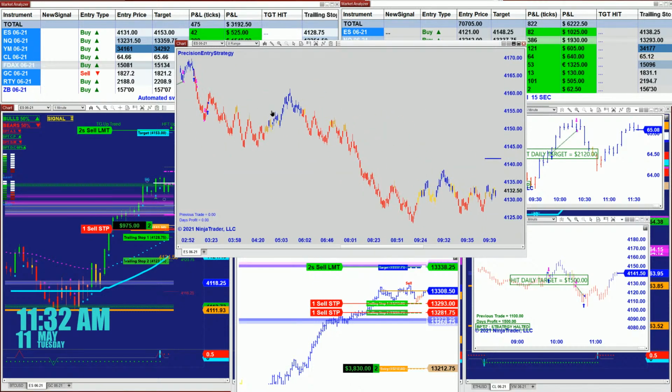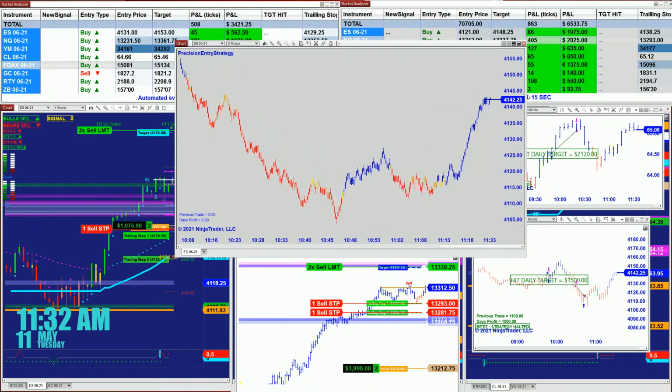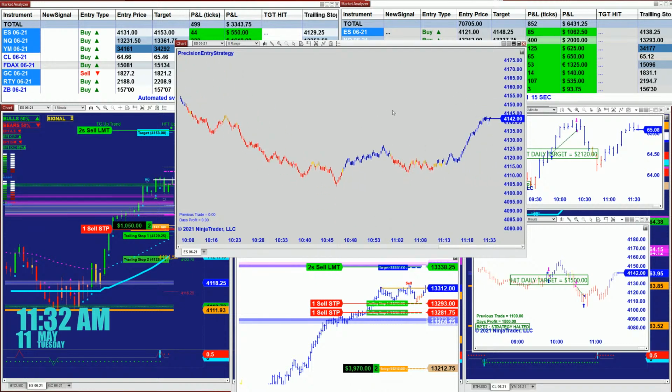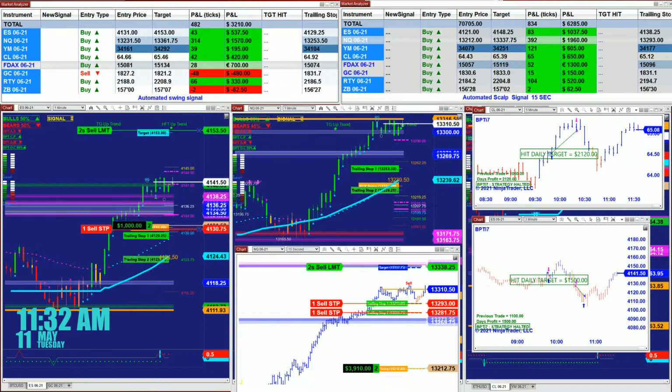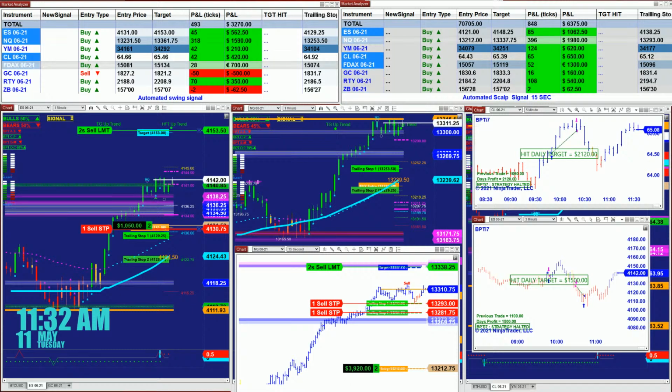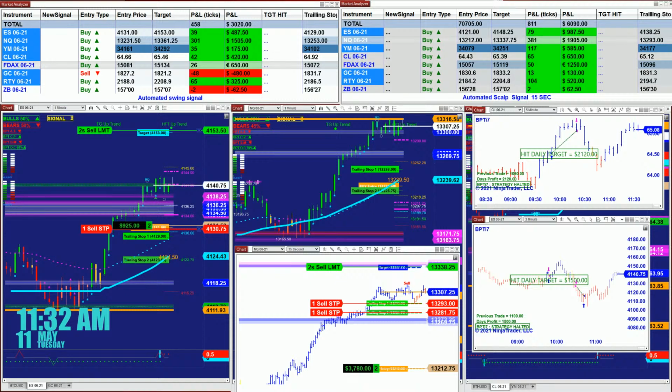You learn how to optimize it once. It does not require any filter. There is no filter. It doesn't need any filter on this one here. Very simple auto trade.